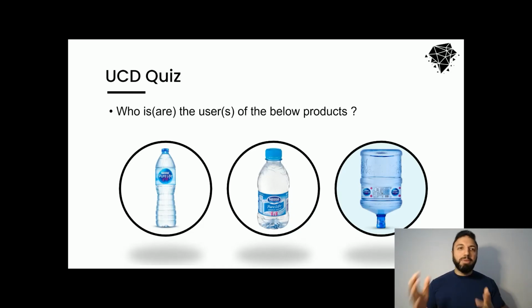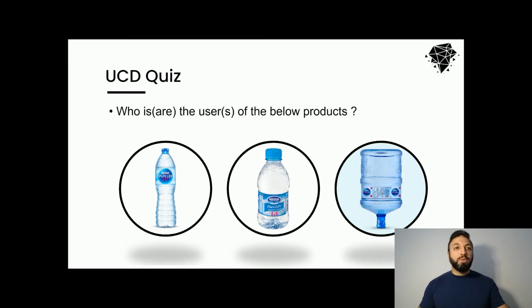So just to keep it a little bit more interactive, again, as said, it's not very easy for me to have this in front of a camera and not see your faces and your reactions. So I'm gonna try to play this game with you, like an e-game, if you will. So these are 3 water bottles of 3 different sizes, obviously.